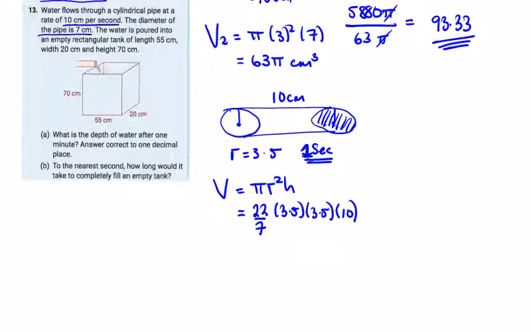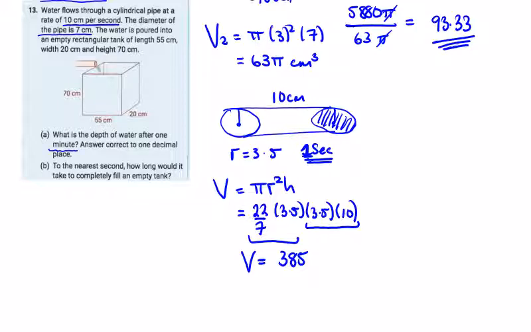And 22 over 7 by 3.5 is 22 by 1 over 2, which is 11. So 10 by 3.5, 35. 35 here by 11 here is 385. So that's the volume that will go through in 1 second. And we asked about a minute here.